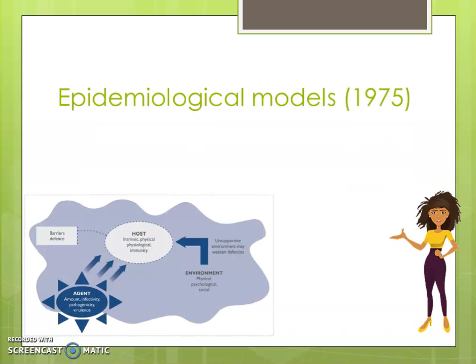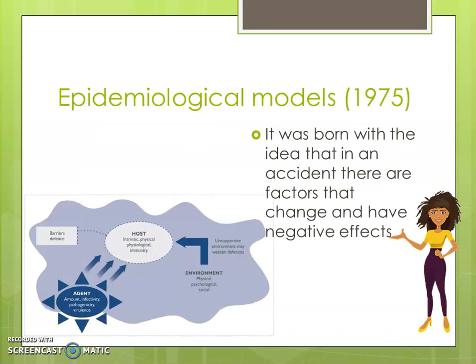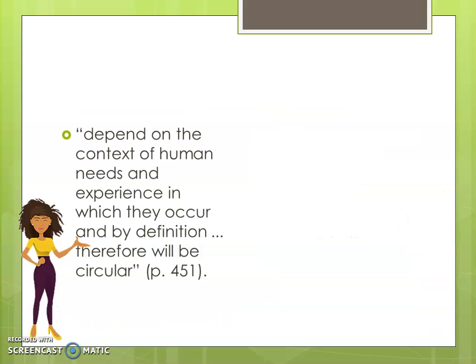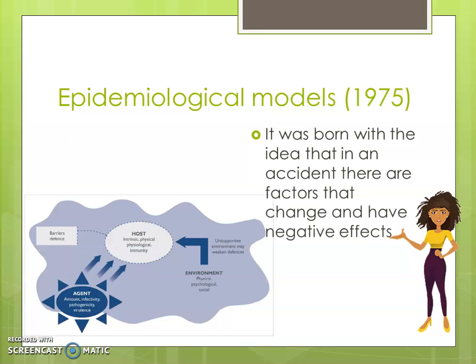Epidemiological models show, according to Benner, that accidents combine several agents and environmental factors in an environment, and these can become common in several accidents. These factors harm the person. Reason adopted the term which is known now as latent condition.